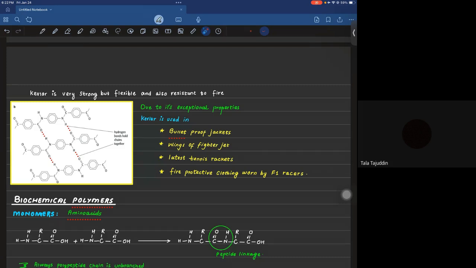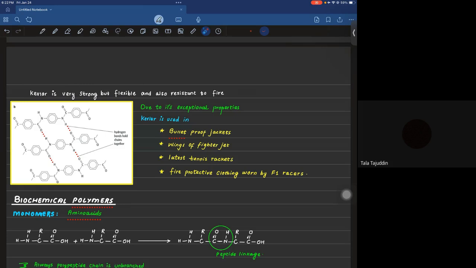How can you break it? This is the reason which makes it a stronger polymer compared to the others. Also, the wings of a fighter jet are made of Kevlar. It's very interesting. Now you can have an idea of how much stronger Kevlar is.